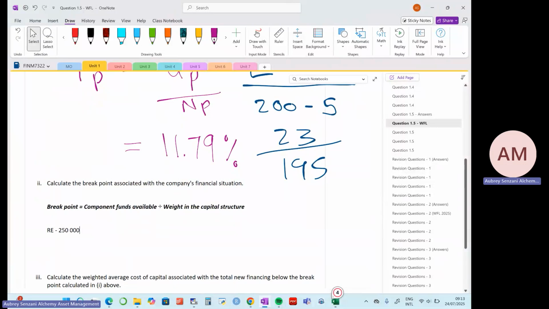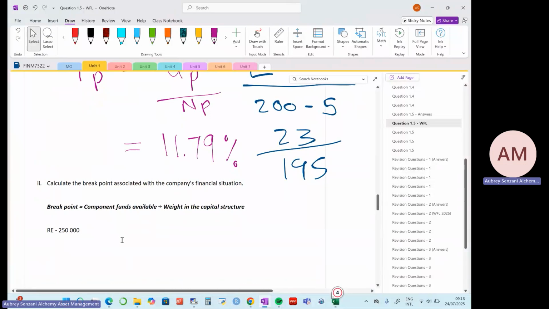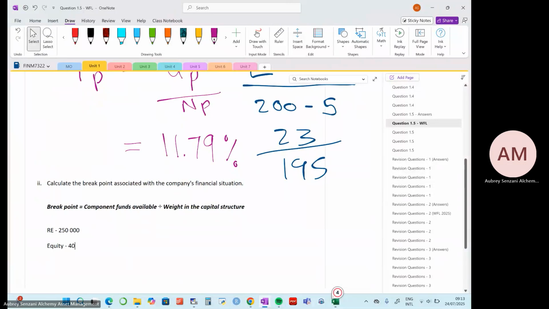Okay, but now what was the weighting for RE? What was our weight for equity? It was 40%. Yes. So we then say 250,000 divided by 0.4.